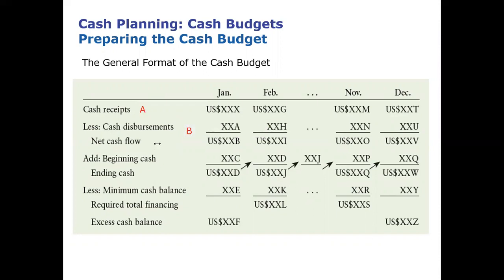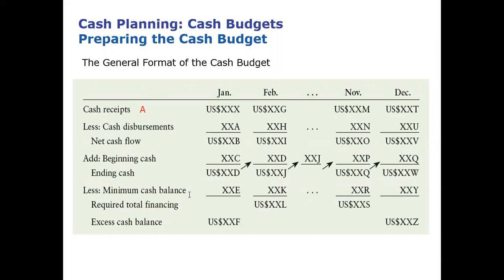The net cash, which will be C, gives us the general format: I add the beginning cash, then I have the ending cash, and then I deduct the minimum cash balance.